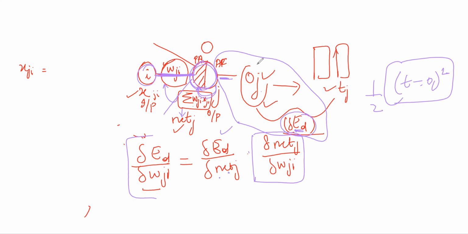So I'm going to write net j in terms of wji, which will give me my value. Whatever I get for this particular term, I will write directly as xji, because I've already got the summation part of this. This part is ready, and when I apply the weight update, obviously I'll get this value. So I'll be writing directly like this: delta ed divided by delta net j into xji.